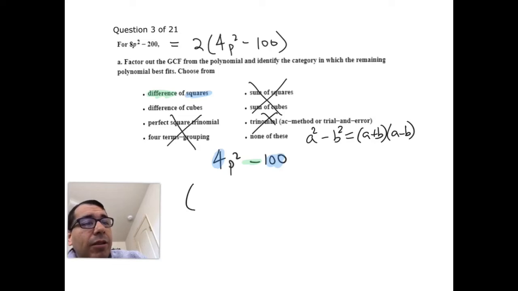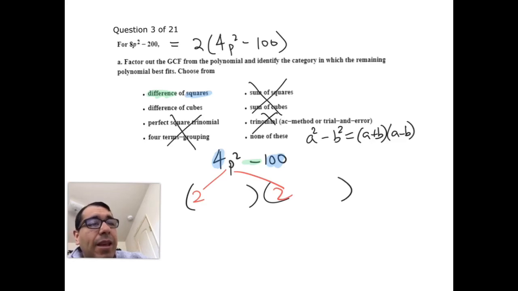And my little shortcut is I say what times itself gives me 4p squared. Basically, I just take the square root of 4. So the square root of 4 is 2 and 2. And you always take half of the exponent. So I just get p.